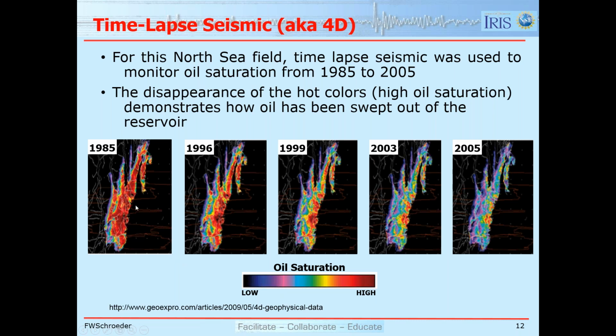And as you look at how much red is on each of these slices, you can see over time that they have been draining this reservoir fairly effectively. We still have a little bit of an oil leg up at the top of the structure, even less here and even less here. So by doing time-lapse or 4D seismic, oftentimes we are able to monitor how the oil is being produced or how the gas is being produced. And if we have compartments that have not been flushed, they would stand out with 4D seismic analysis.